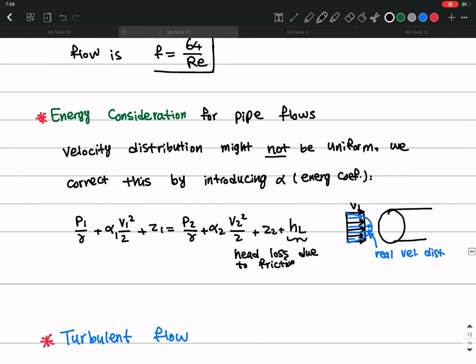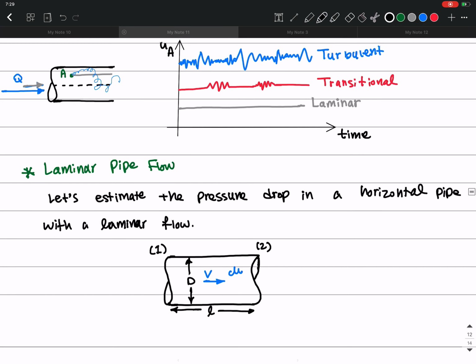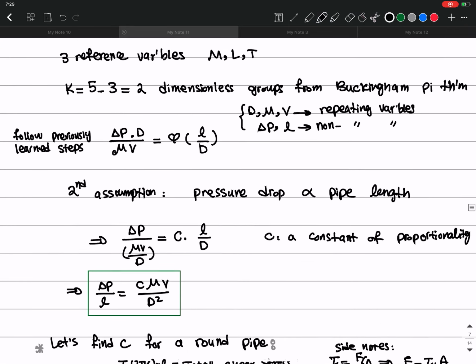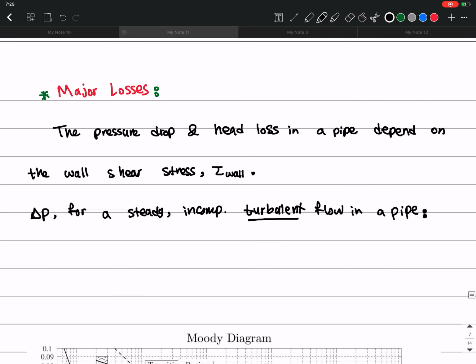So let's review it before. Here we had a pipe where we wanted to estimate the pressure drop in a horizontal pipe with a laminar flow. And now we want to do the same thing, but with a turbulent flow, okay? So let me copy it here.